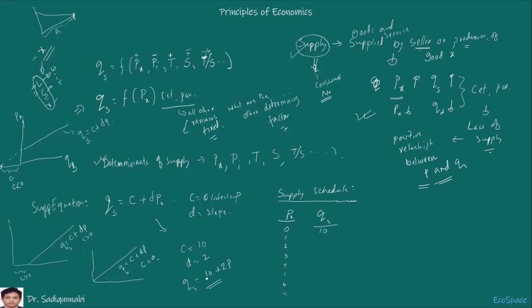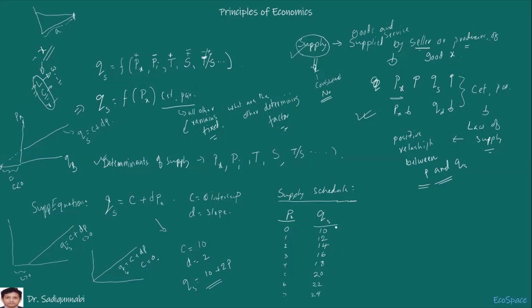P is 0, QS is 10, right? Yes, sir. When P is 1, 12. When P is 2, 14. When P is 3, 16. When P is 4, 18. When P is 5, 20. When P is 6, 22. 7, 24.